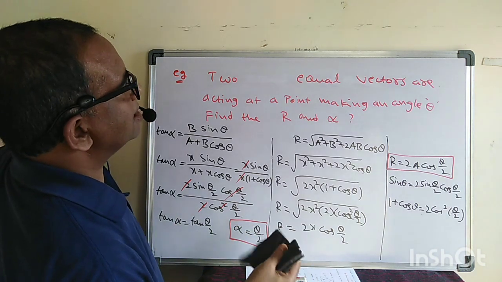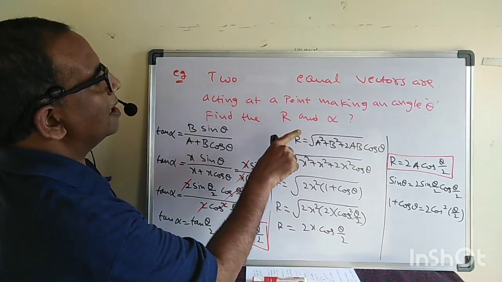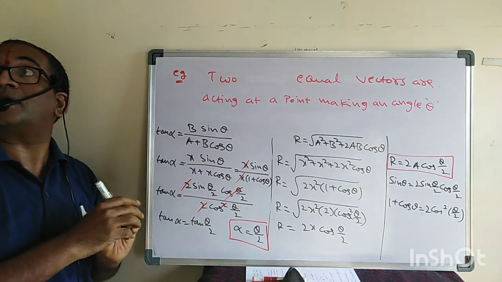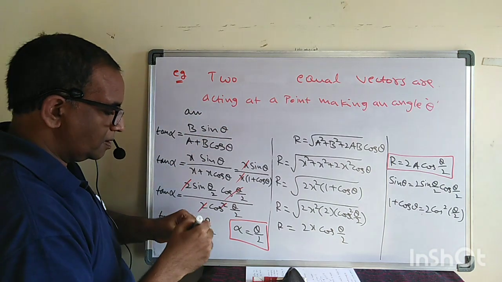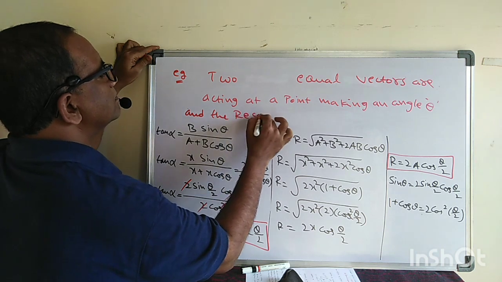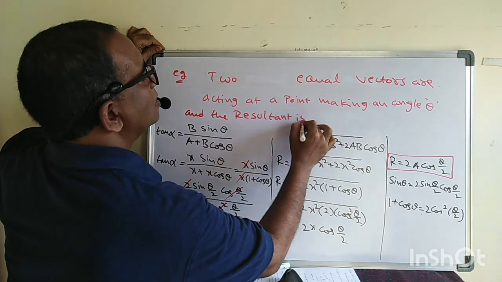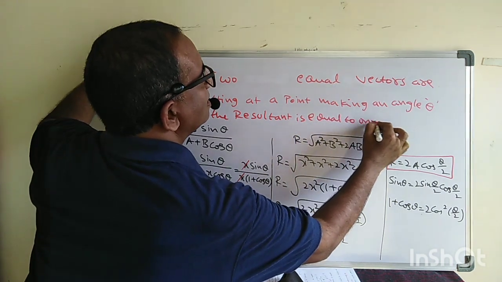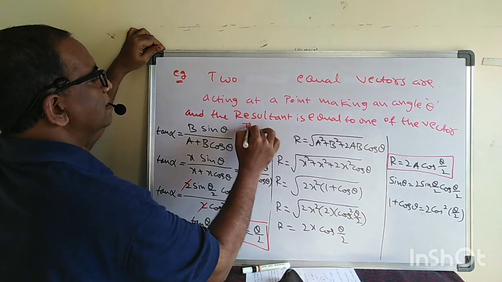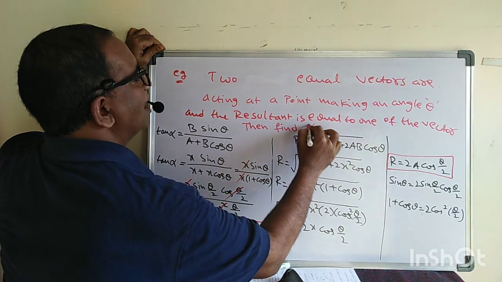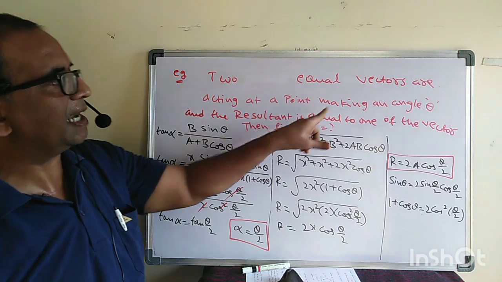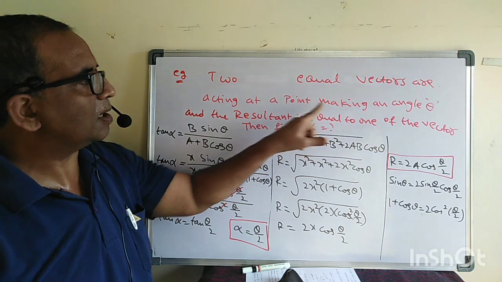Now there is another question. If two equal vectors are acting at a point making an angle theta, and the resultant is equal to one of the vectors, then find alpha. You can try this problem. See carefully what the question is: two equal vectors are acting at a point making an angle theta and the resultant is equal to one of the vectors.